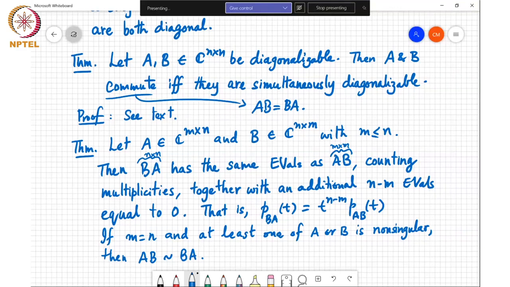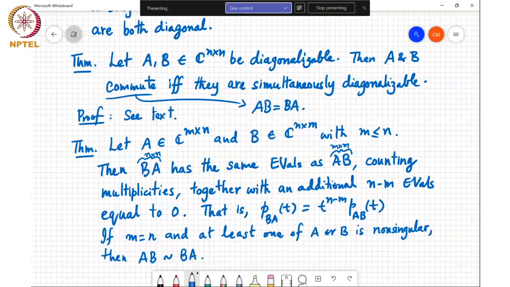So this is one example where, if I apply this result to the case where m equals n, then AB and BA will have the same eigenvalues, but we've already seen that two matrices could have the same eigenvalues but not be similar to each other. But what this is saying is that if at least one of these two matrices is non-singular, then these two matrices will be similar to each other.